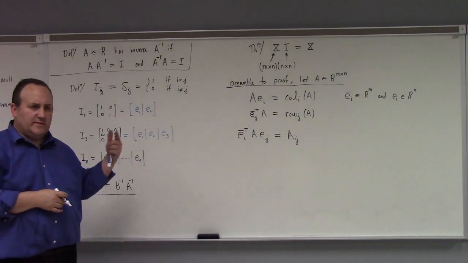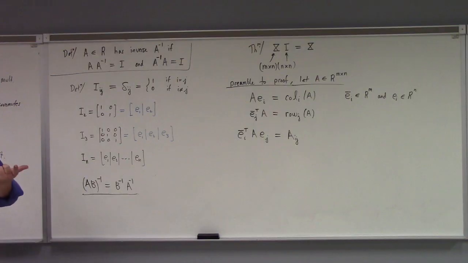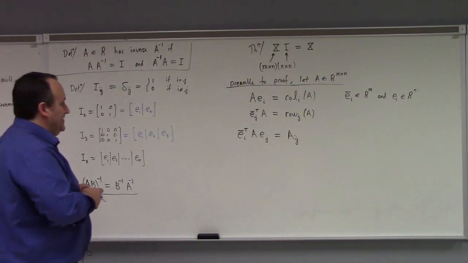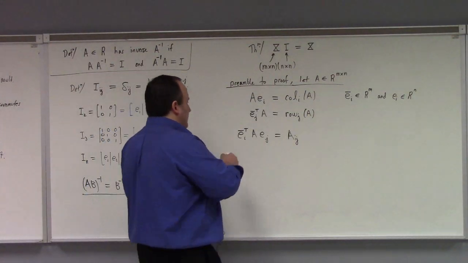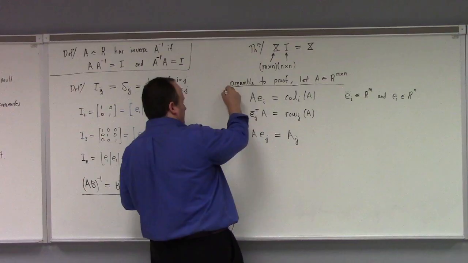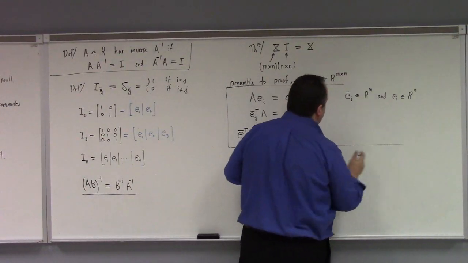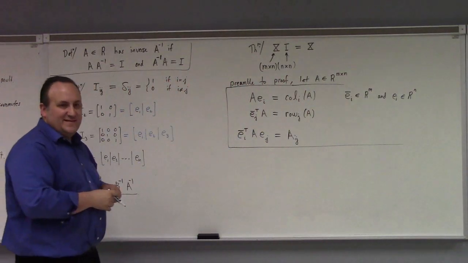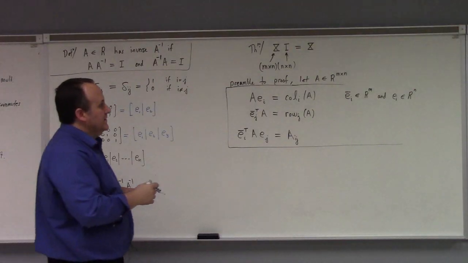Do you guys know this, or do I need to explain this more? I do have proofs of these in the notes. They're not especially exciting, but they all can be proved, all right?